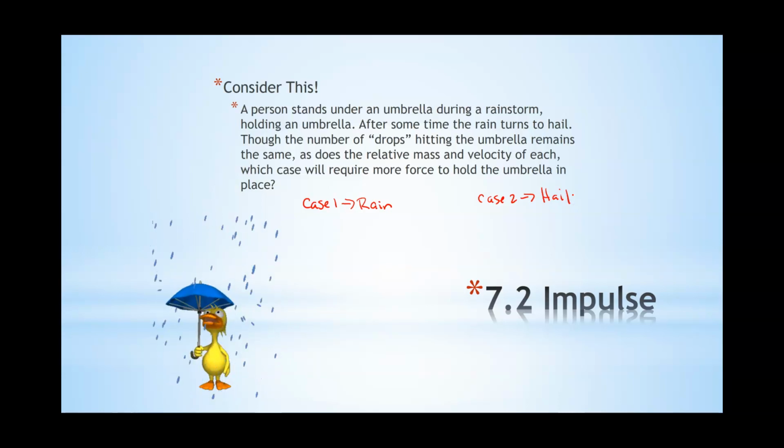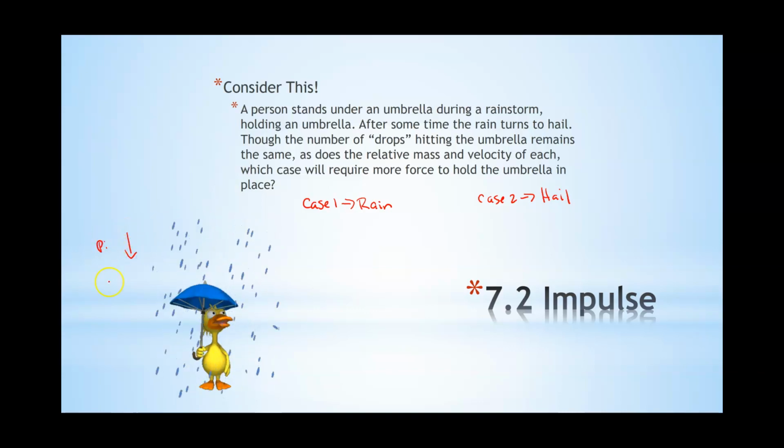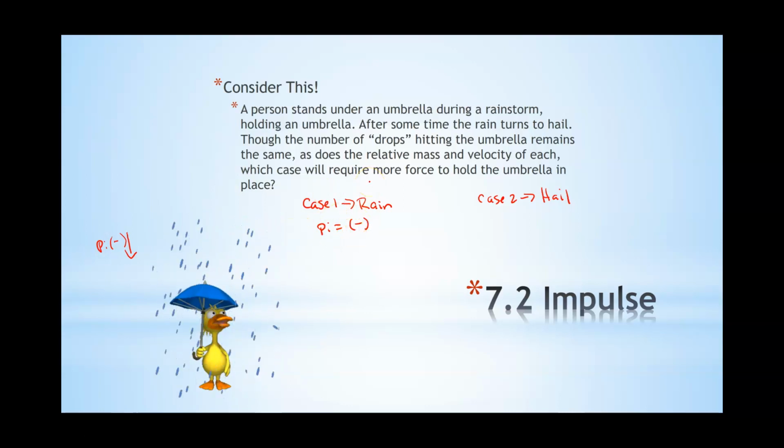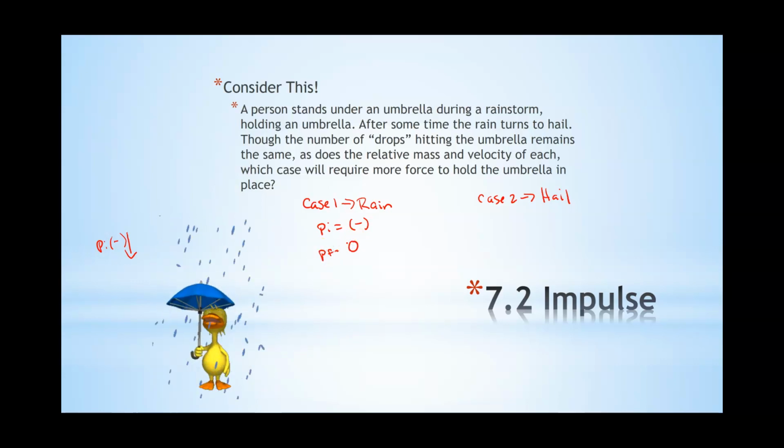All right. So in this particular case, my initial momentum in both cases is going to be negative. However, in case 1, the rain is hitting the umbrella and sort of coming to a stop. So my final momentum is 0.